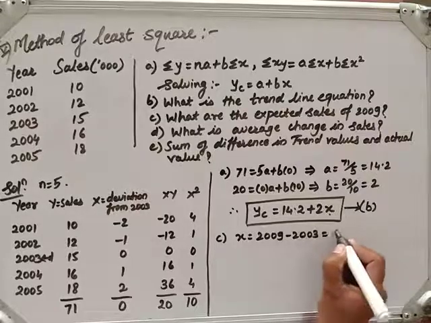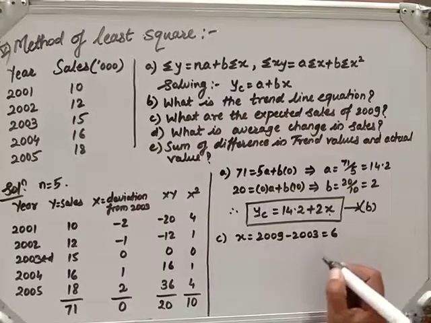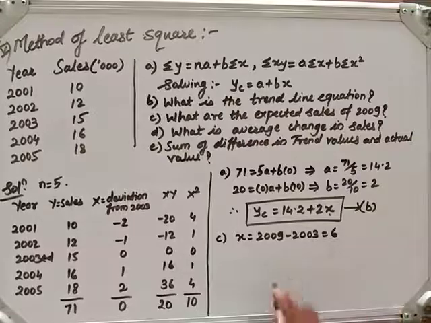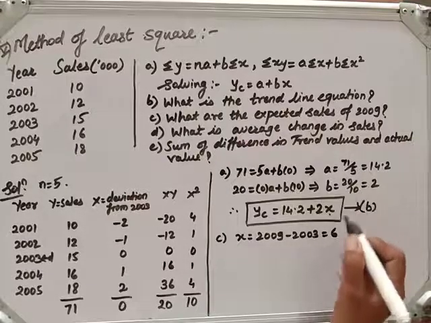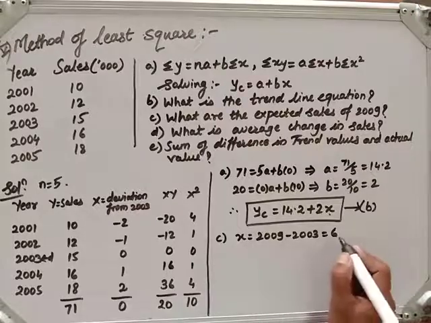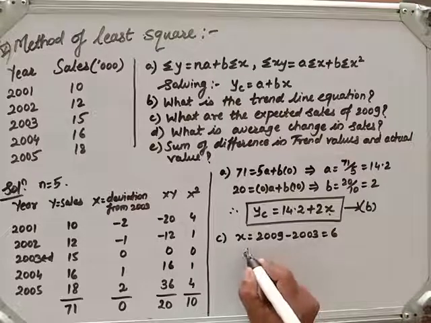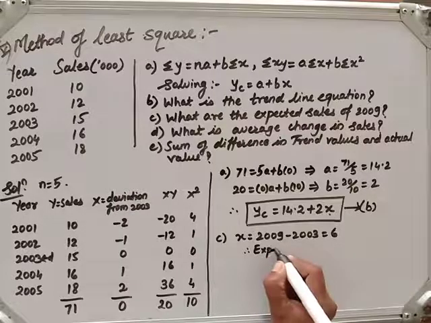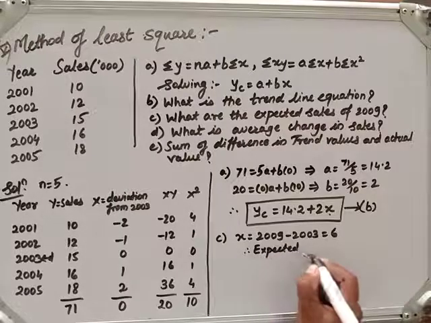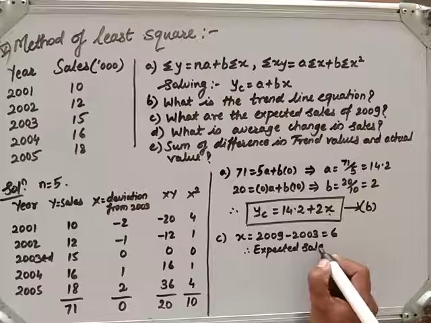For our simplicity we have taken deviations so that the calculations are easy. While finding a particular value, you should do it that way too. So x is now 6 here. Therefore the expected sale is what?